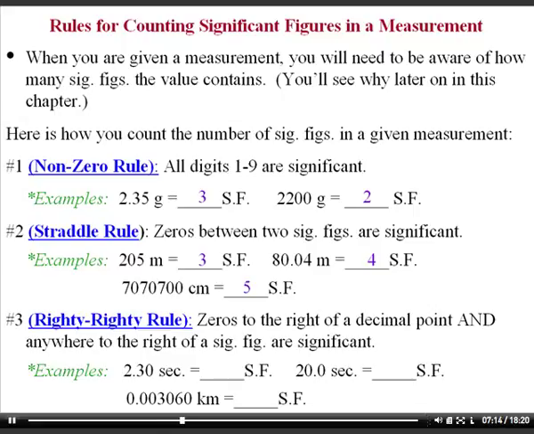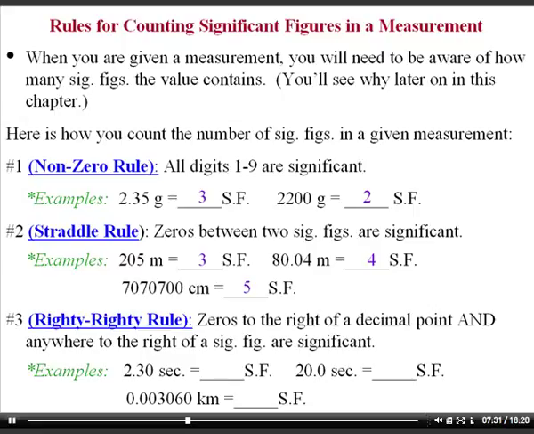The next rule I nicknamed the righty-righty rule because a 0 that's to the right of a decimal and anywhere to the right of a significant figure must count towards the precision. So again, it must have been either known for sure or it must have been the last digit that was estimated.